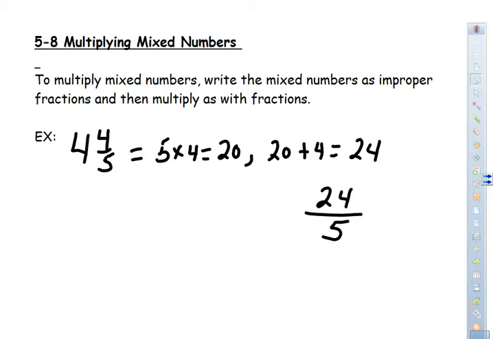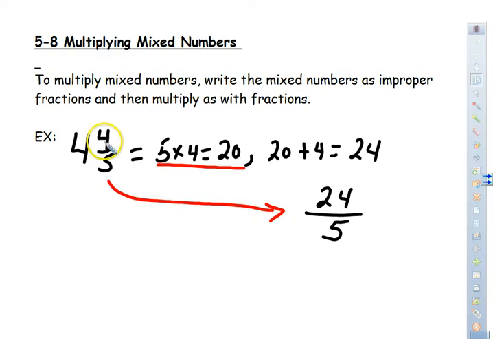So for example, 4 and 4/5, just a quick reminder again that when you convert from a mixed number to an improper fraction, it is again 5 times 4, that's what I did here, which equals 20.